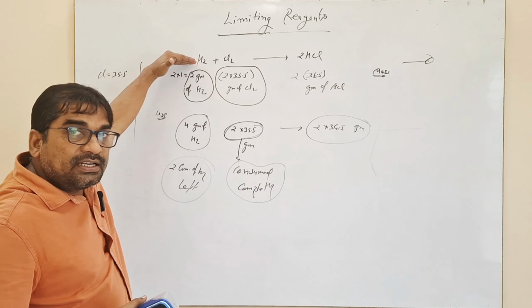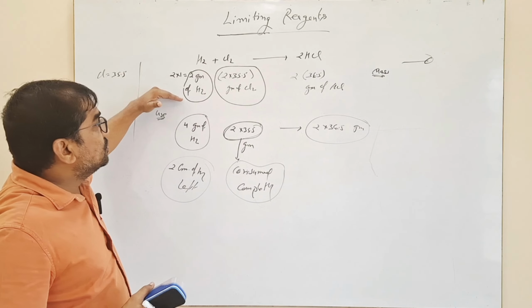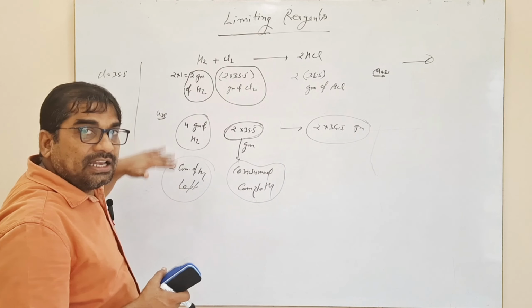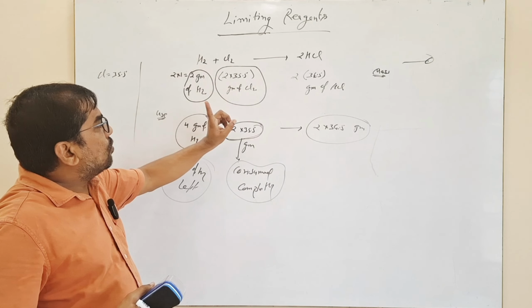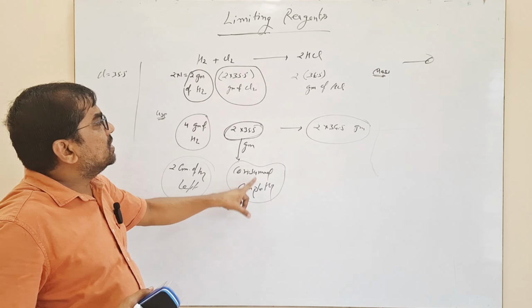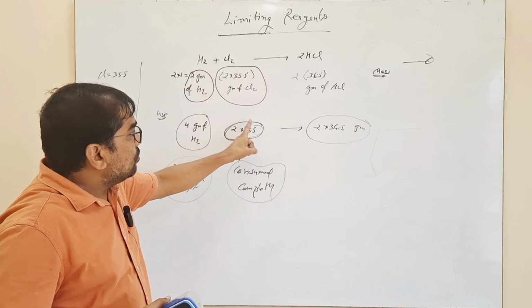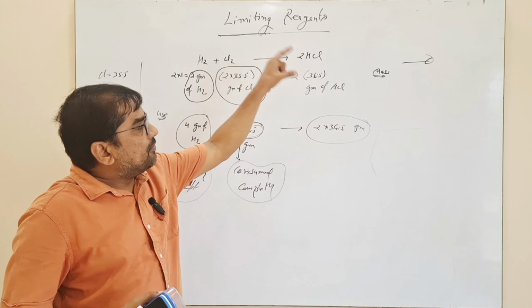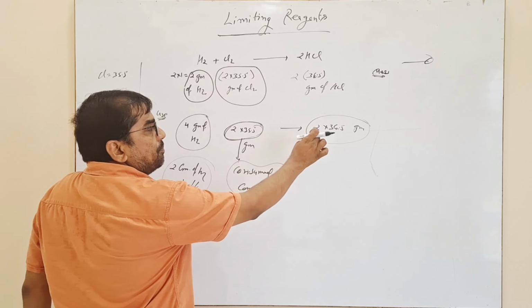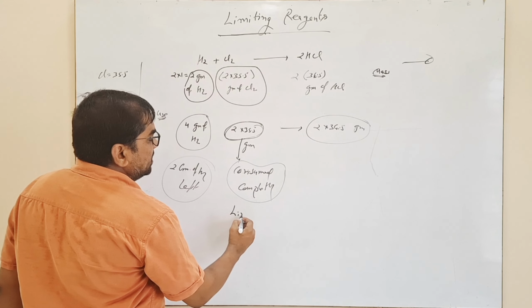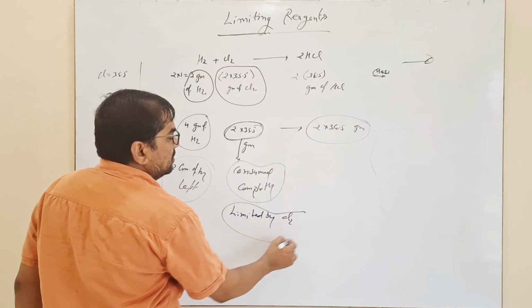Here in this balanced equation, only 2 gram of hydrogen is used. The rest, 2 gram, will be left. The required amount of chlorine is 2 into 35.5 gram, so this amount will control the formation of product, that is, the production of product will be limited by dichlorine.